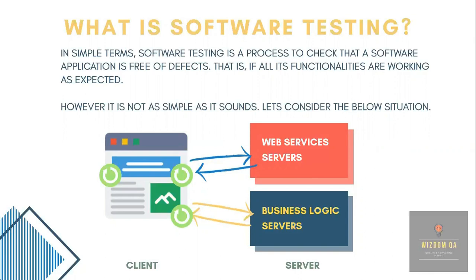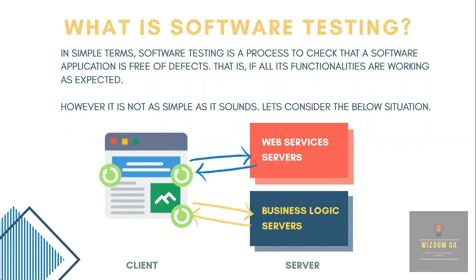So you need to test all these modules separately, and also you need to perform integration level testing to check that these modules are working along with each other, okay?